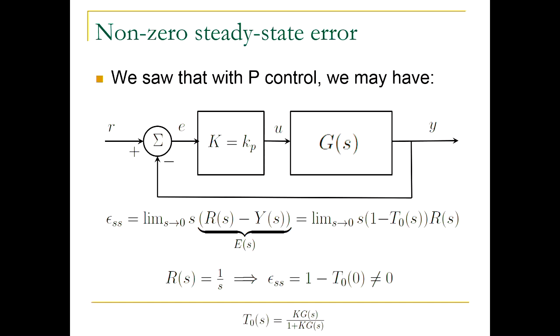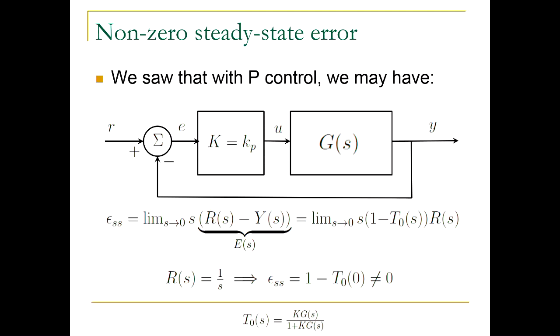Then when I apply the formula for computing steady state error, I have to just replace S by 0. This S here comes from the formula, S times E of S. That's the formula in the final value theorem. This S and this 1 over S cancel, and what you are left with is just what's in the brackets. So forget about R of S because they cancel, and what you are left with is 1 minus T0.